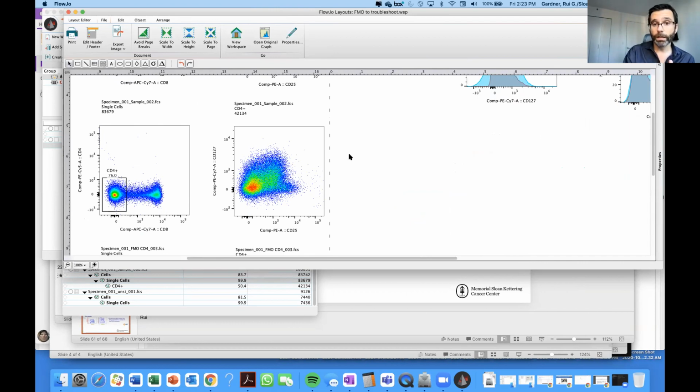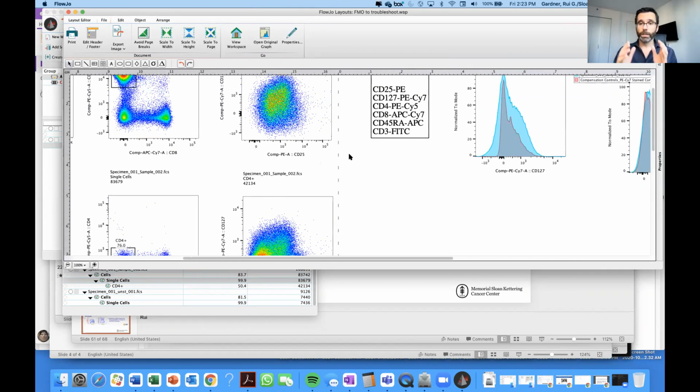So again, a nice way, if you do this systematically, you're optimizing a panel. So you have your first panel of choice, you run it in the instrument, you run all of the FMOs for all of the parameters, and then you start analyzing your data.